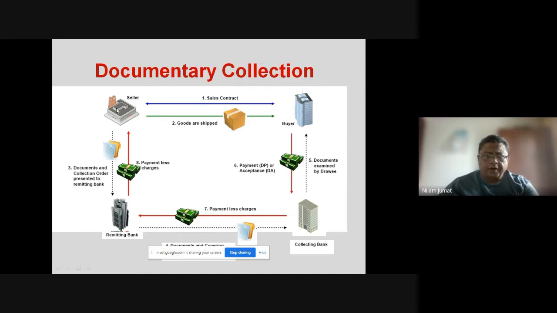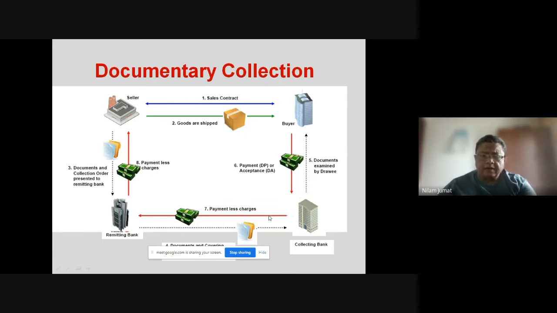So unlike open account, the importer can't go direct without paying and collect the goods. Now that's the difference between open account and document collection. In open account he clears the goods directly, but here he has to come to the bank, pay the money, and then take the documents.